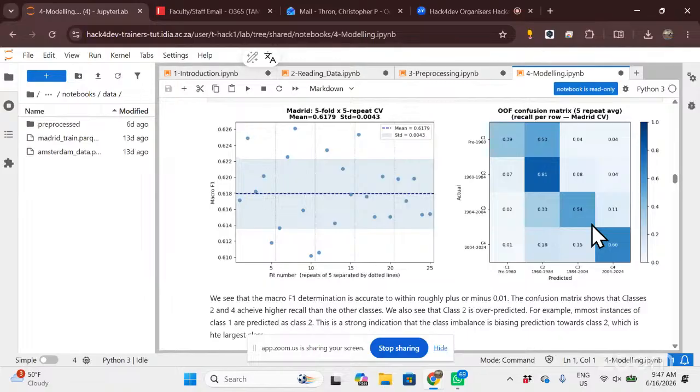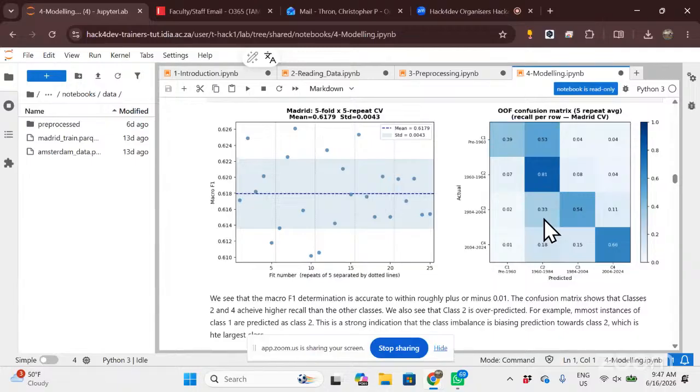Yeah, that's exactly right. He said 0.33. Do you see it? This one says the actual class was 3, but the predicted class was 2. So this value is 0.33. That means 33% of the time, the class 3 pixels were wrongly classified as class 2. It's confusing class 3 with class 2.